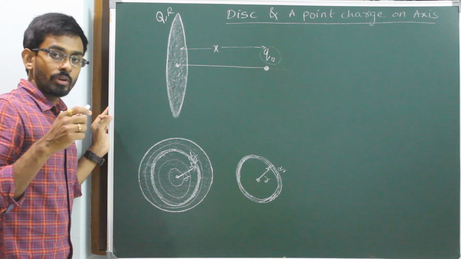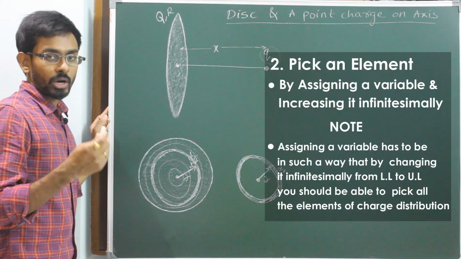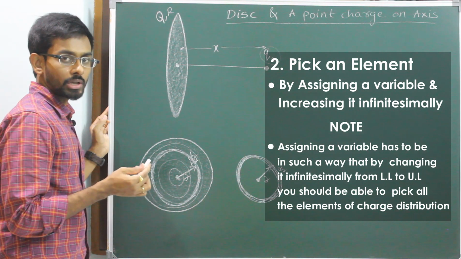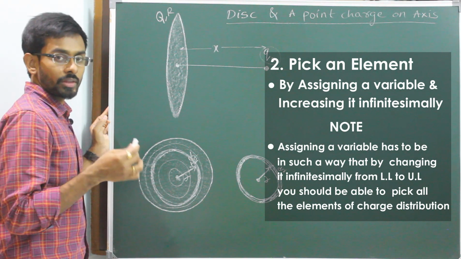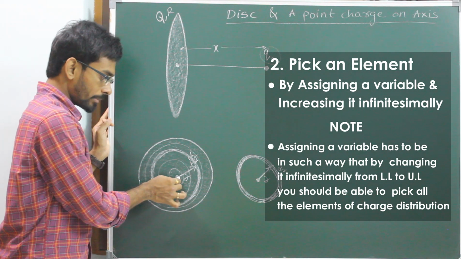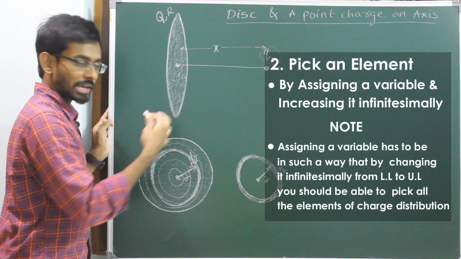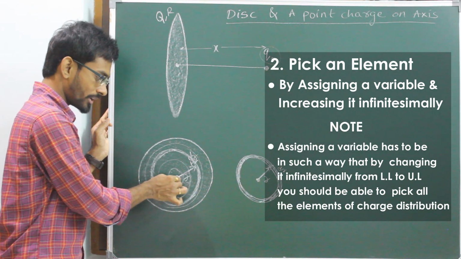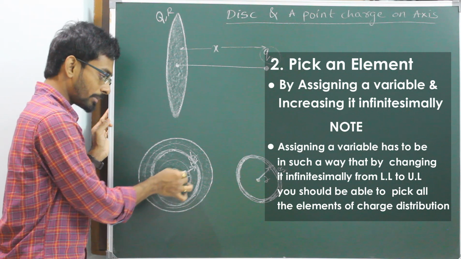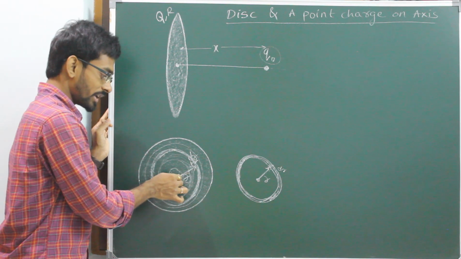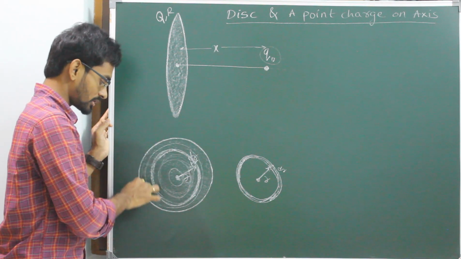Now we also discussed one more point you have to check: while assigning a variable, you have to be careful. You have to pick the variable in such a way that if you change it from the lower limit to the upper limit, you get the entire charge distribution. If I take r as 0, I'll get this point. If I take r as R by 2, I'll get the ring somewhere midway, here. And if I take r as capital R, I'll get this ring.